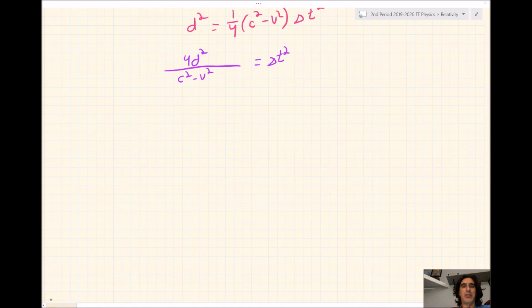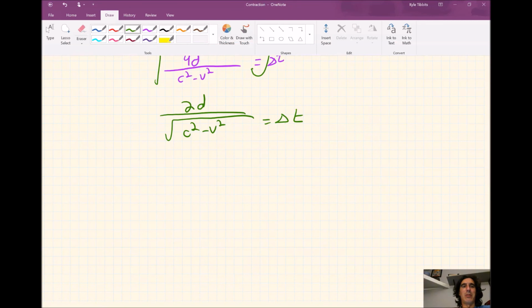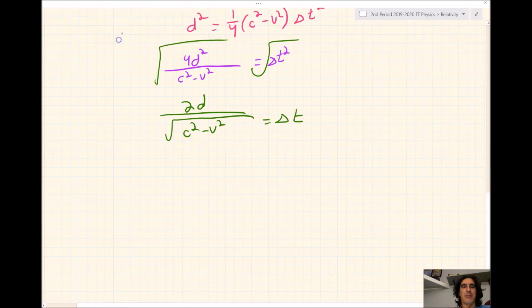Let's square root both sides. That'll leave us with 2d on the top all over the square root of c squared minus v squared equals, so we square rooted both sides, delta t. Now we have to do a little bit of math trickery.